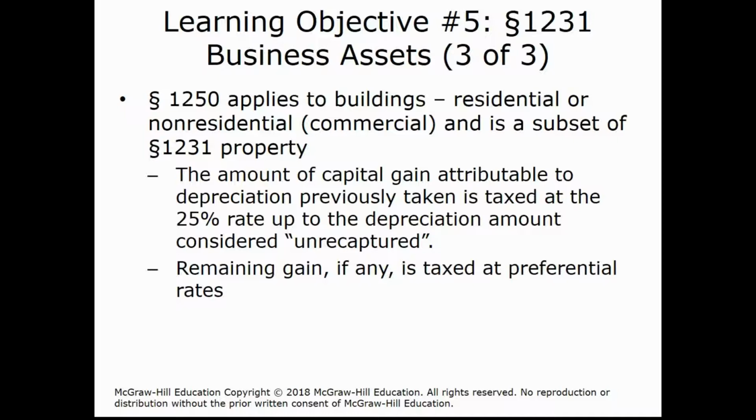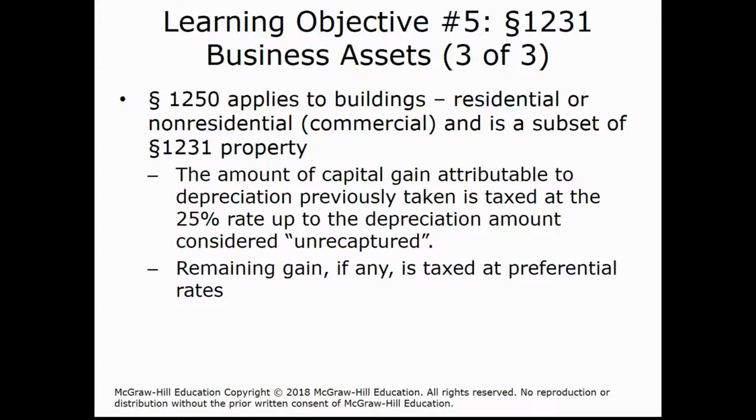So again, with real estate, similar situation on recapture, but here, instead of being taxed at the ordinary tax rates for the amount of recapture, you're taxed at 25% only. And so this is an exception for the recapture of real estate property gains.